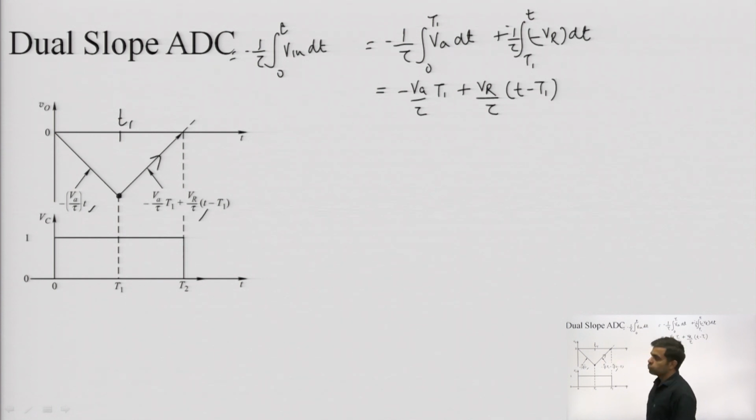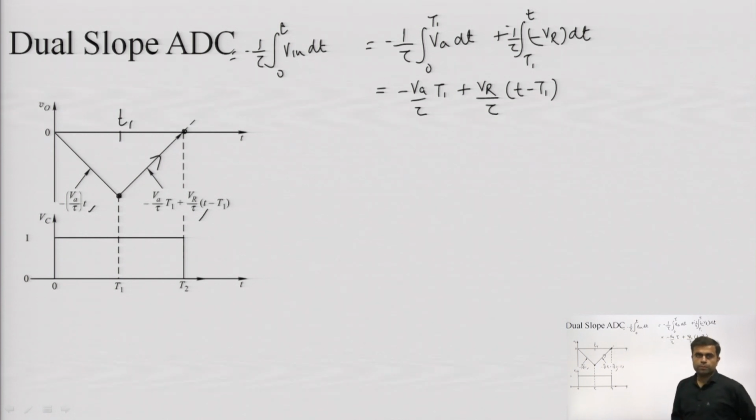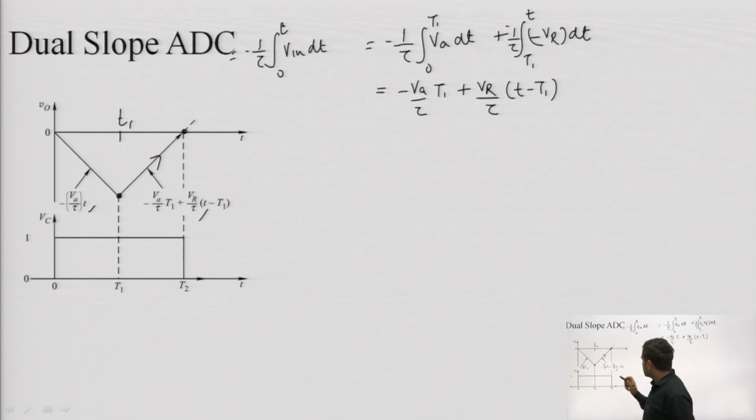So now the output will start moving towards the positive direction. Once it has started moving towards the positive direction, at some point of time it is going to be 0. So we have to wait till the time it reaches 0, and let's say that time is t2.